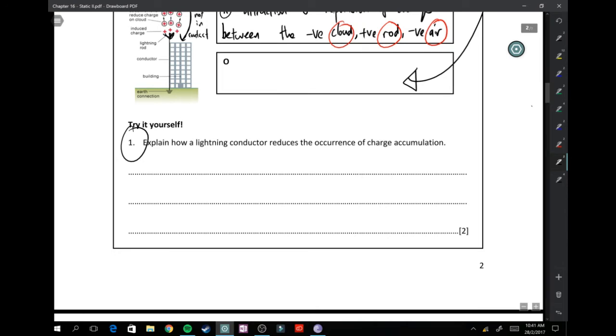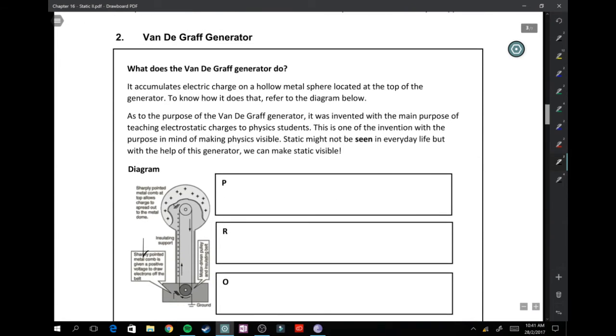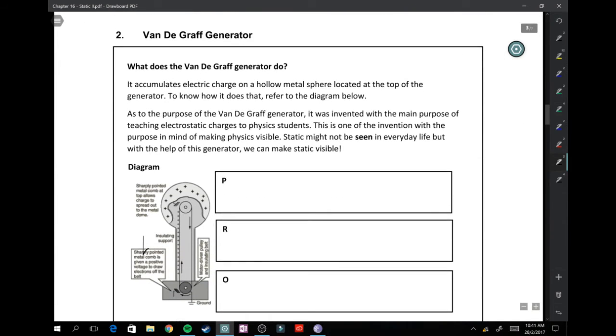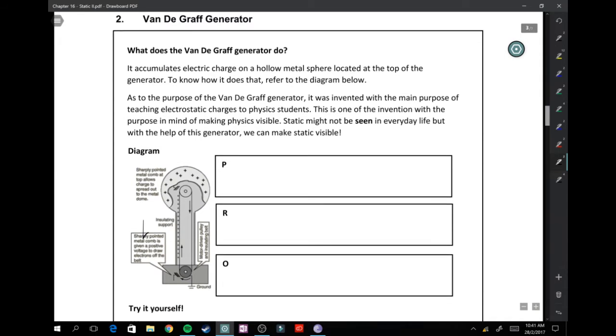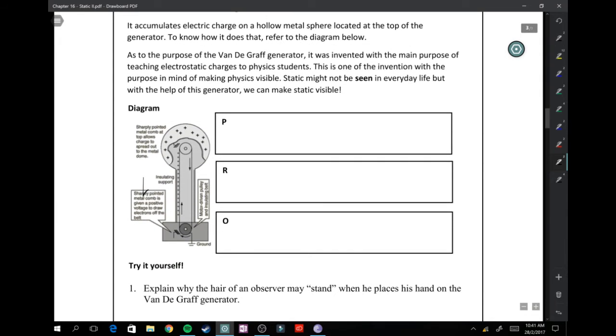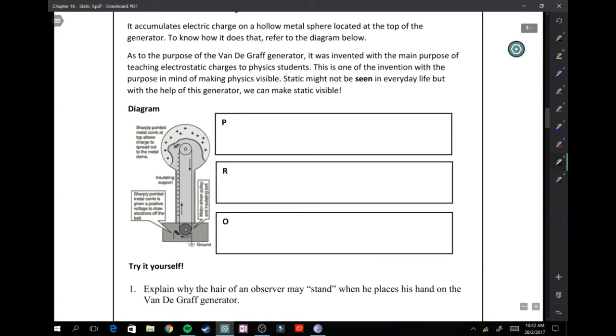Now for the Van de Graaff generator. Let's talk about how it works first. This shows you how charges discharge themselves.